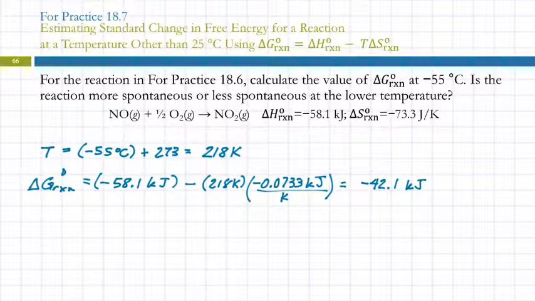What did we come up with at the previous temperature? Negative 36. More spontaneous. Yeah, so more spontaneous at lower temperature. So at 25, it was 36.